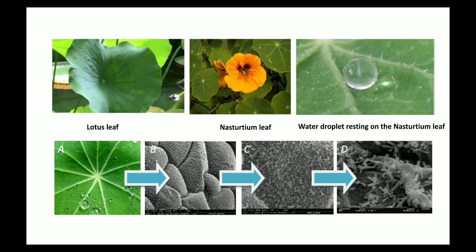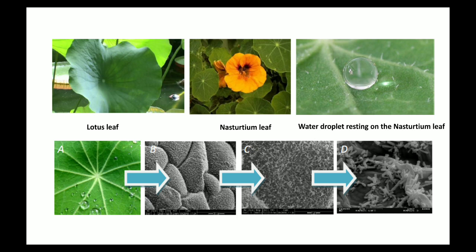It means its contact angle is greater than 90 degrees, and it represents a hydrophobic surface. If we want to understand why this leaf is showing hydrophobic property, then you can see the images below, represented by A, B, C and D.